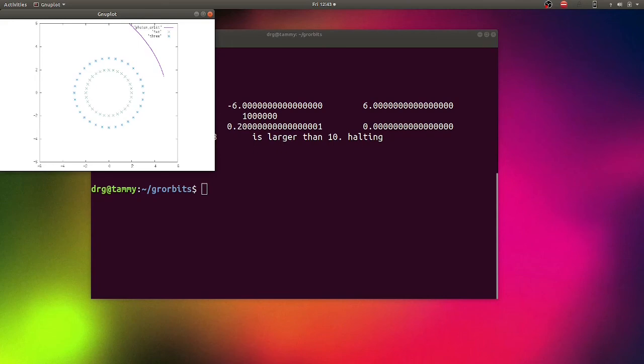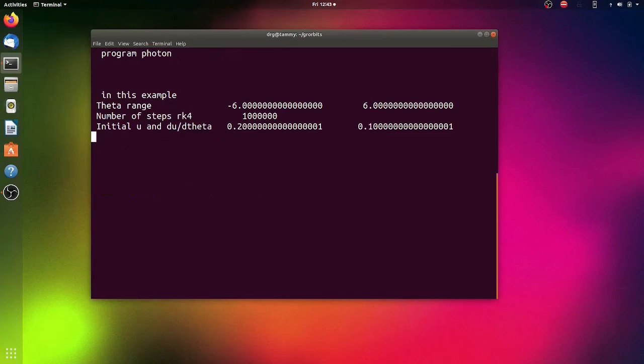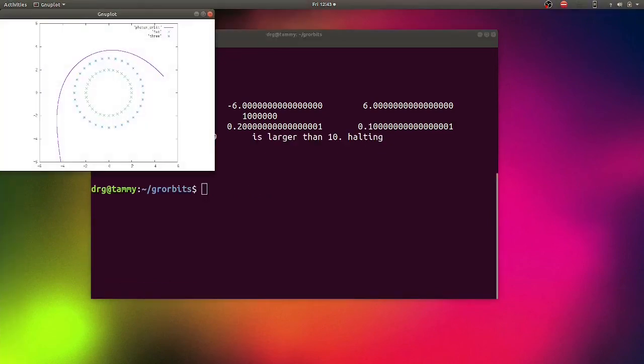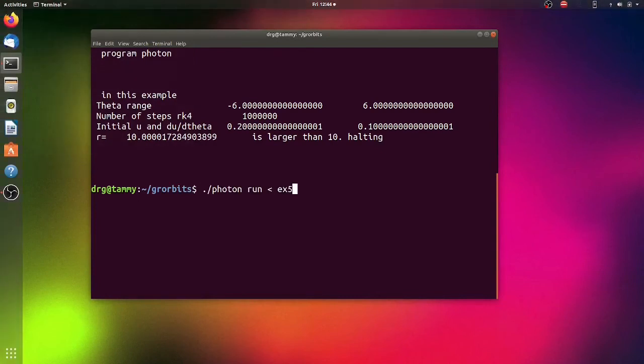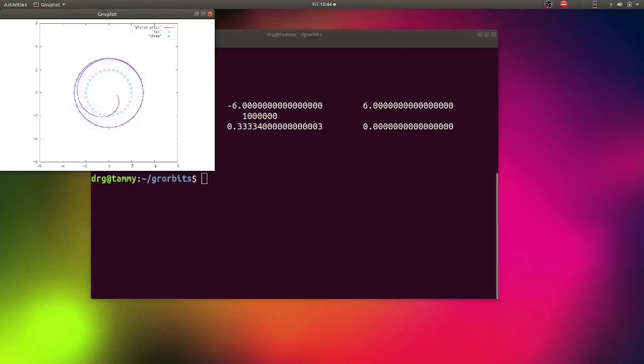This piece looks like a piece of a hyperbola. Hyperbolic. Death spiral. I didn't quite run it long enough to reach r equals 0.